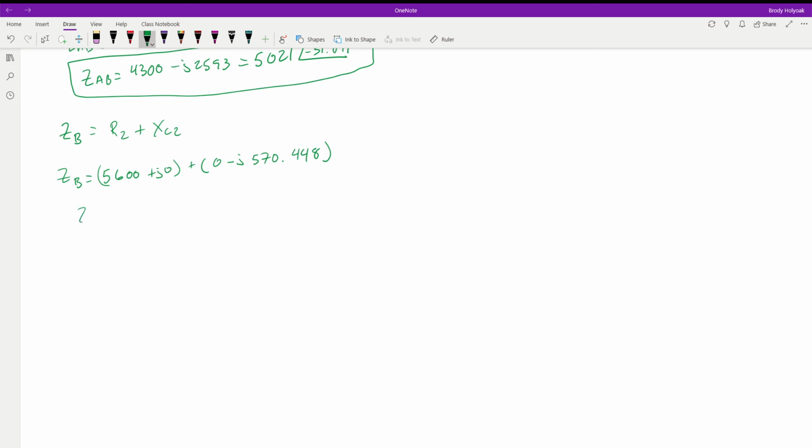We add those together, and that total comes out to be 5,600 minus j of 570.448. And again, we convert that into polar. So the total value of that will be 5629 at an angle of negative 5.816 degrees.